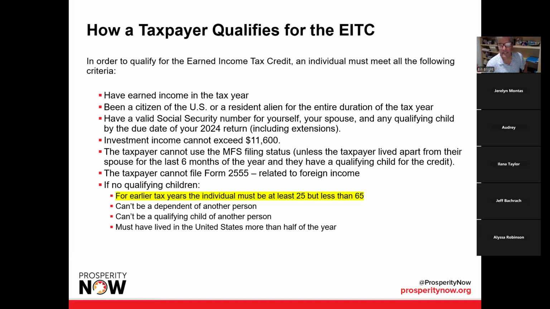If you're 65, 66, it's going to do the calculation, but it won't give you the federal earned income credit, but it will apply the New Jersey earned income credit. You can't be a dependent of another person. You can't be a qualifying child for another person. And you must have lived in the US for more than half a year, if no qualifying children.